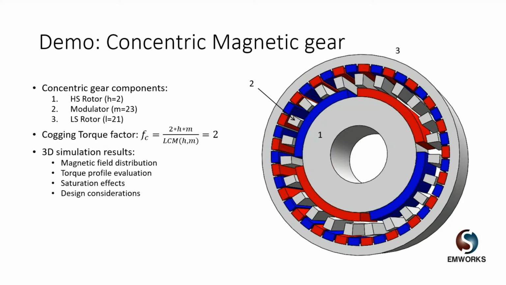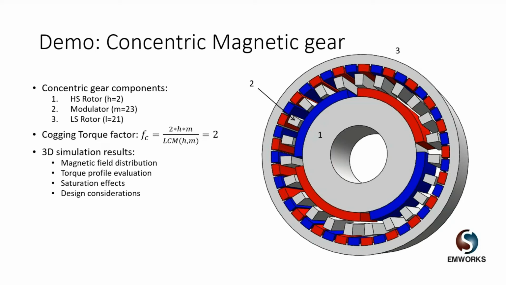One more thing it's important to say is that, like any other rotating machine, simulation analysis of magnetic gears does require a 3D simulation, simply because of the strong end effects and a lot of leakage going on in the front and back side of the gearbox.